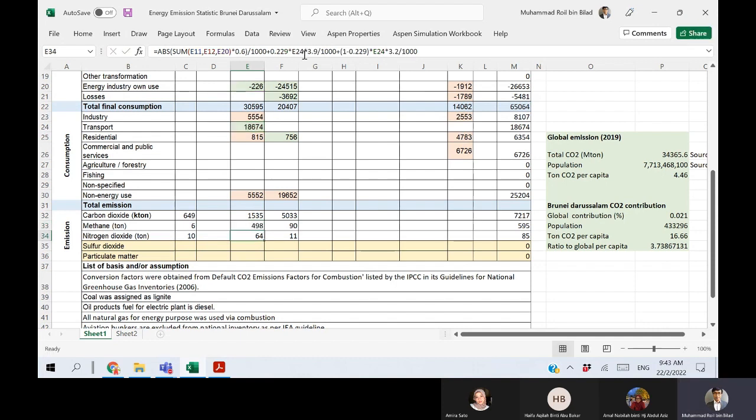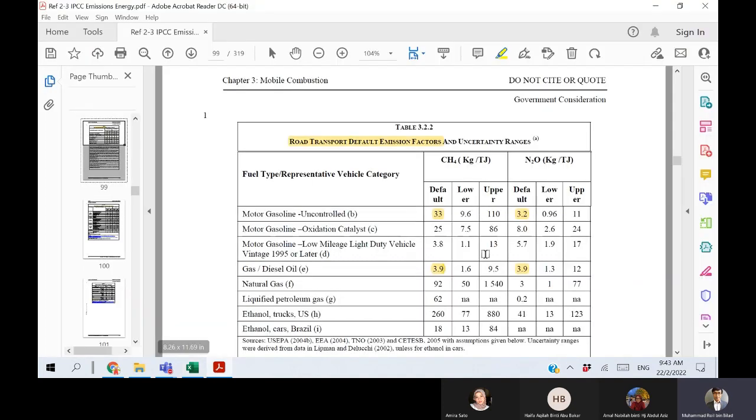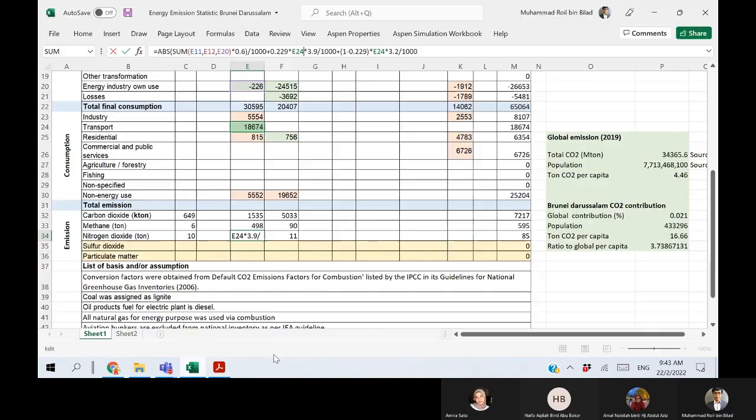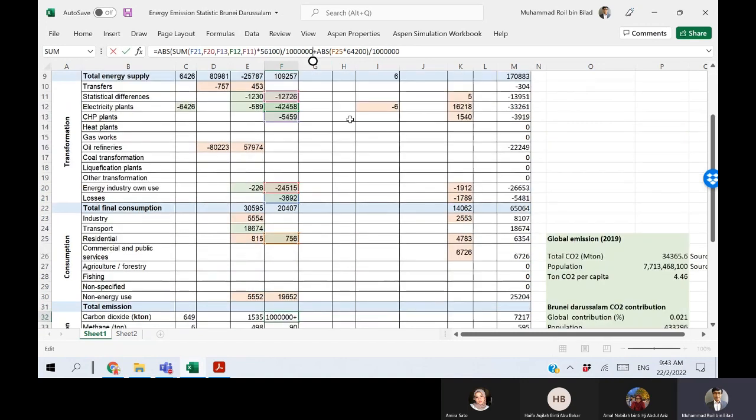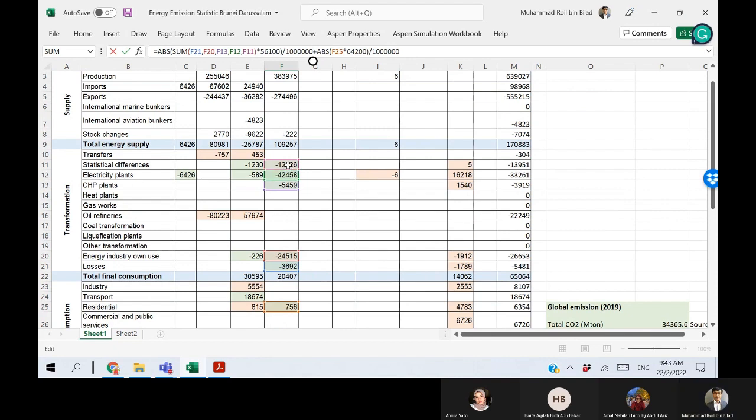Okay, and then for nitrogen, the same. So we go into also this table for N2O. So we get 3 more things. Next is gas, natural gas. Natural gas is consumed there too, yeah. You check here. So we got this guy, F11, F12, F13, F20 and F21.